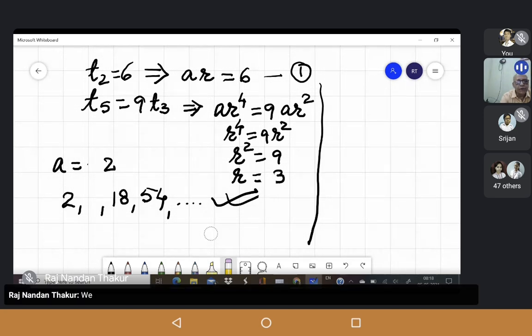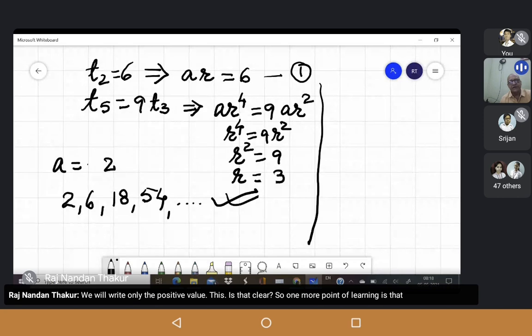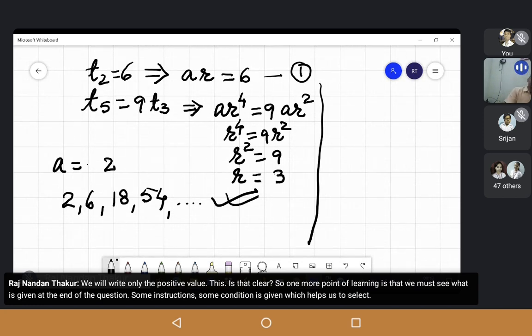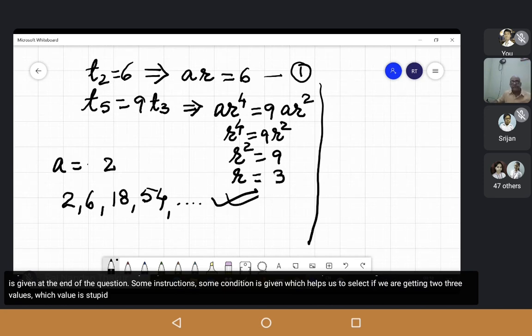We will write only the positive value. Is that clear? So one more point of learning is that we must see what is given at the end of the question. Some instruction, some condition is given which helps us to select, if we are getting 2, 3 values, which value is to be taken. Okay?